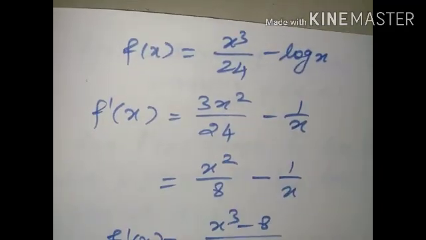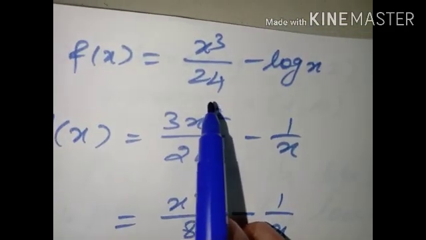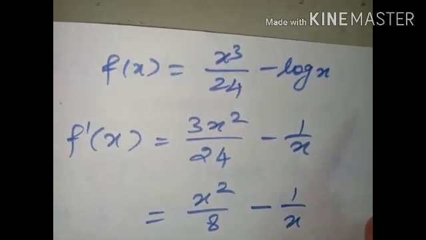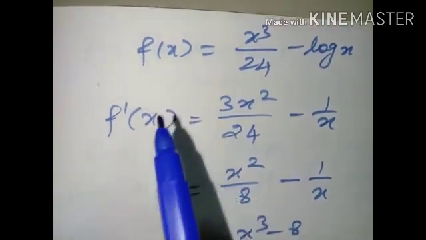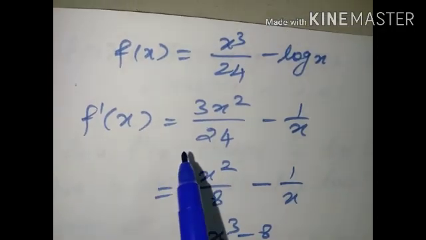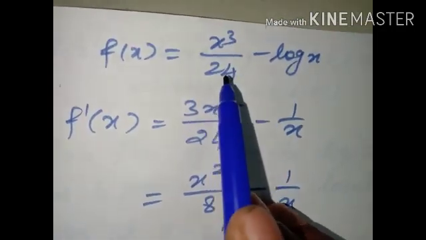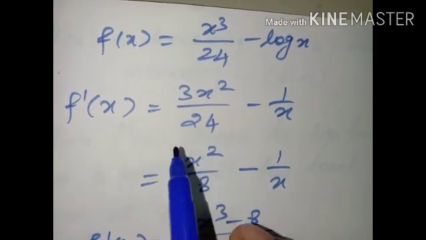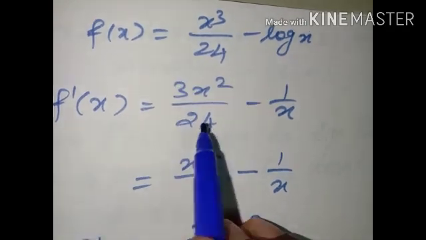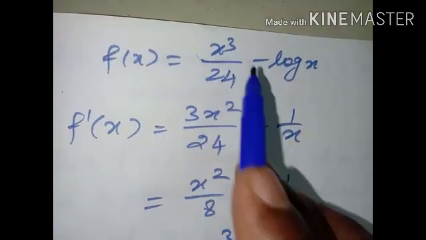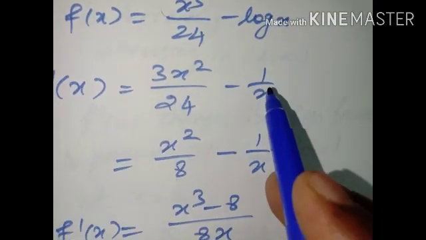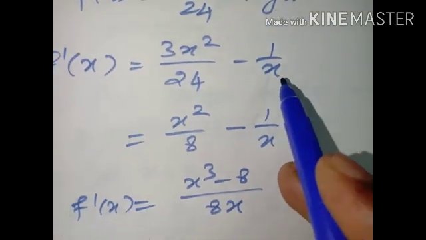Now f of x equal to x cube divided by 24 minus log x, differentiate with respect to x. f dash of x equal to the derivative of x cube divided by 24, where 1 by 24 is a constant term, so 3x square divided by 24, minus the derivative of log x, which is 1 divided by x.